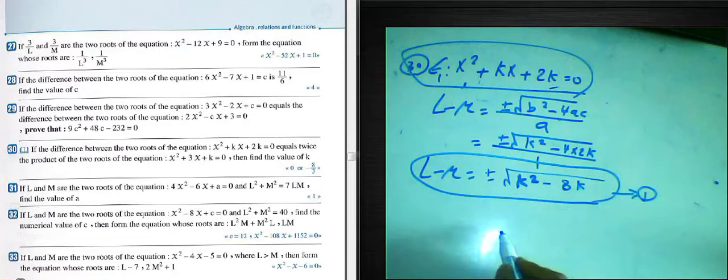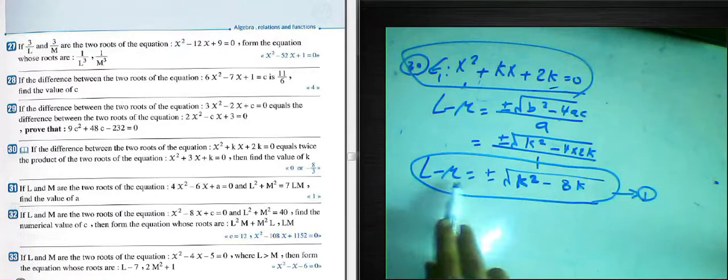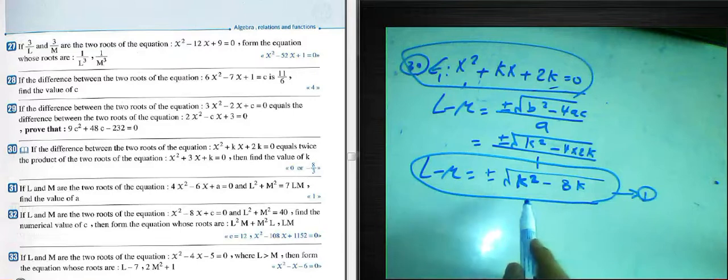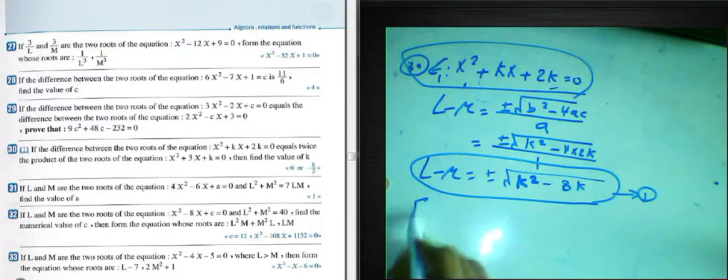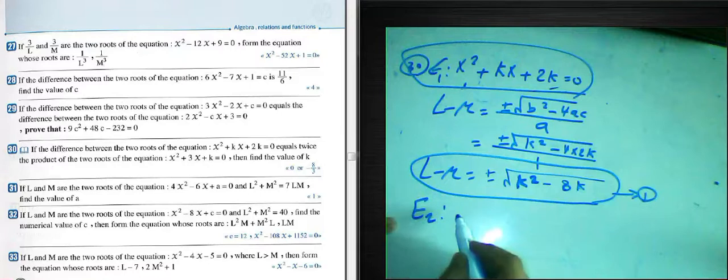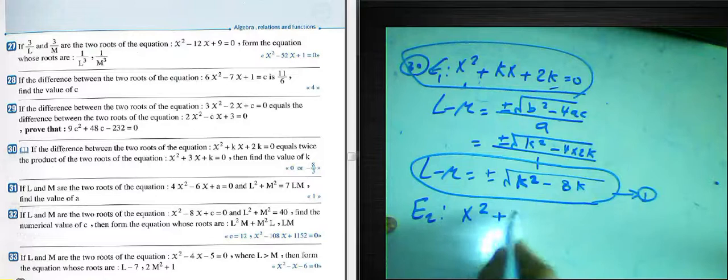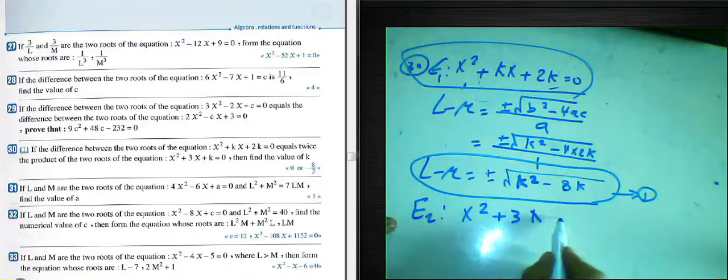He told us the difference between two roots equals twice the product of the two roots. Okay, we will find the product of the two roots in another equation, 2x power 2 plus 3x plus k equals 0.